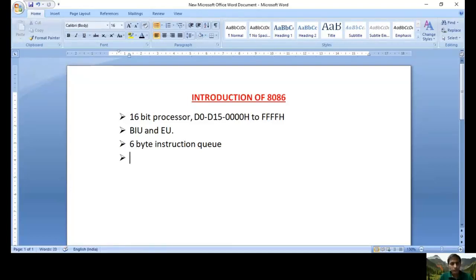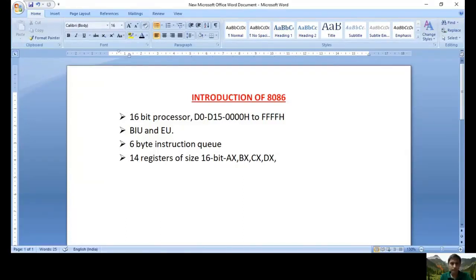8086 contains 14 registers of size 16 bits. The total number of registers is 14, but the size of each register is 16-bit. Many registers are there, like the AX register, BX, CX, DX, and some segment registers like SS, CS, DS, ES, and index registers like SI, DI and many other registers.